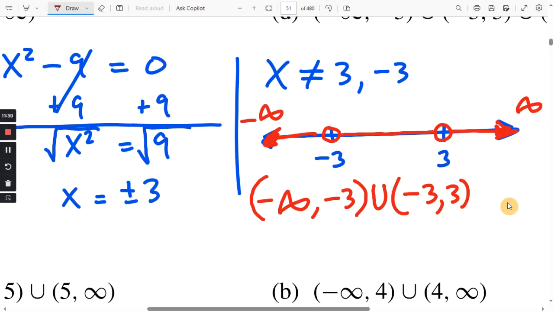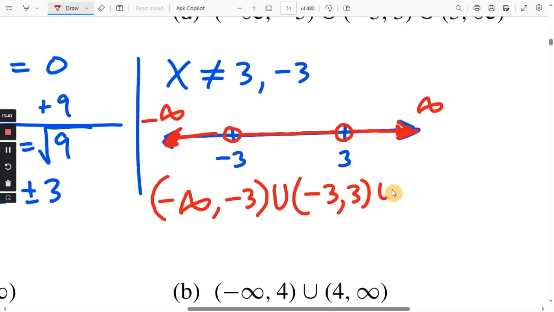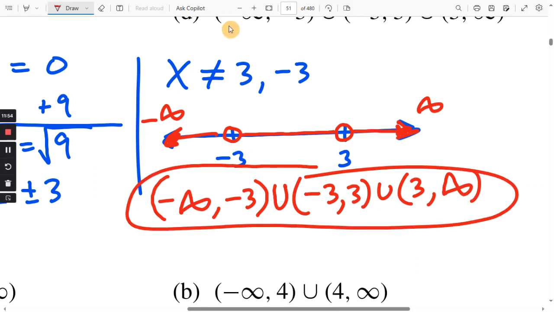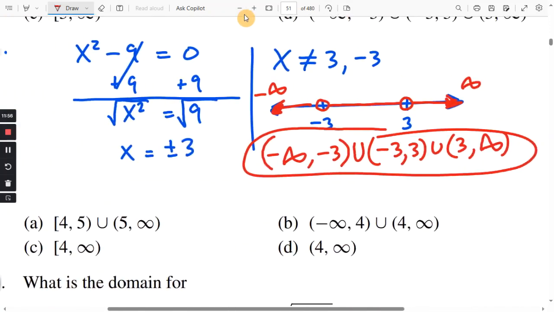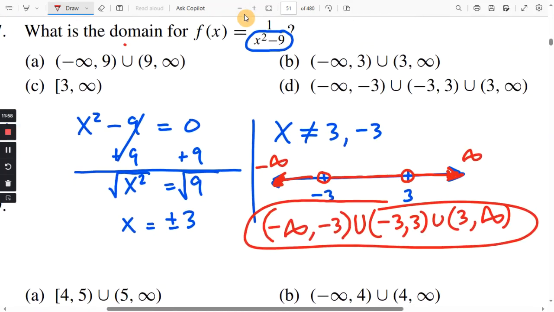In union with 3, once again use the rounded, and it goes all the way to positive infinity. For infinity, always use the rounded one. So that's your answer: negative infinity to negative 3, negative 3 to 3, and 3 to infinity, all rounded parentheses. So that is answer D.